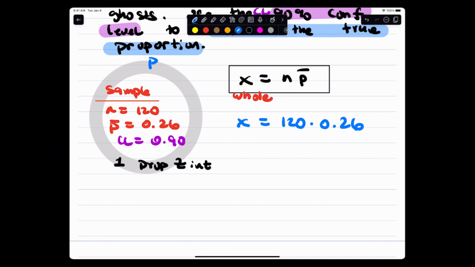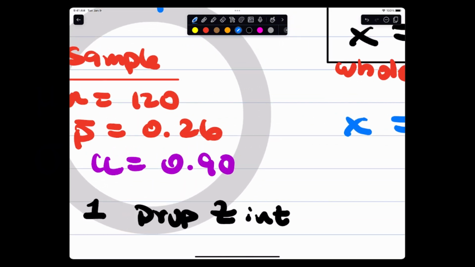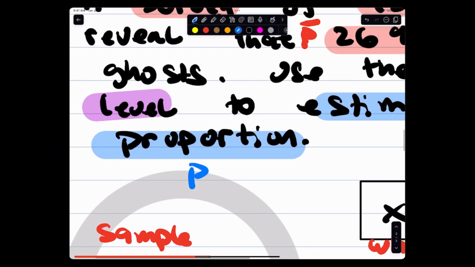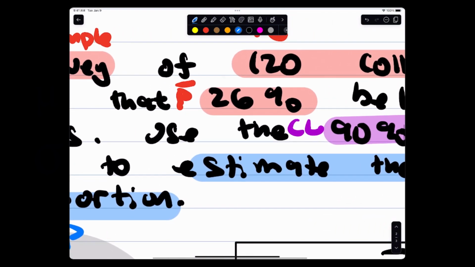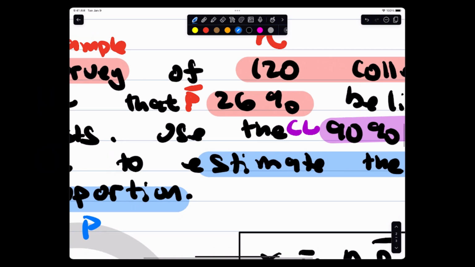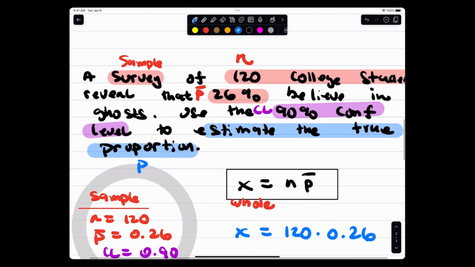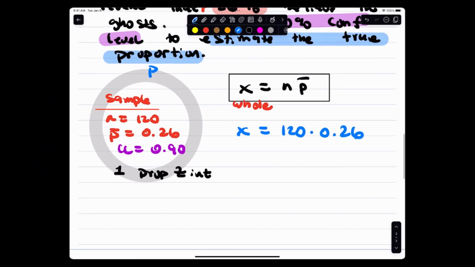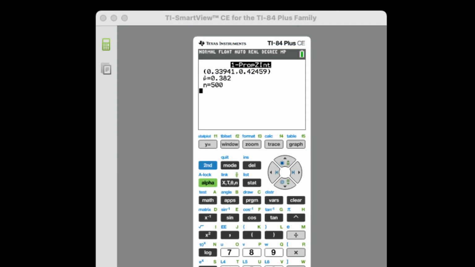That's the decimal representation of 26% right here, 0.26. You guys ready? 120 times 0.26.